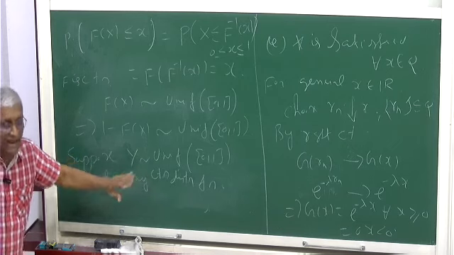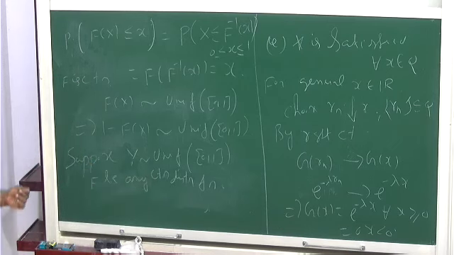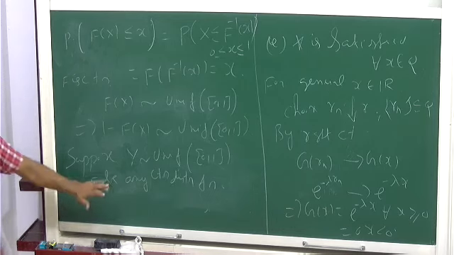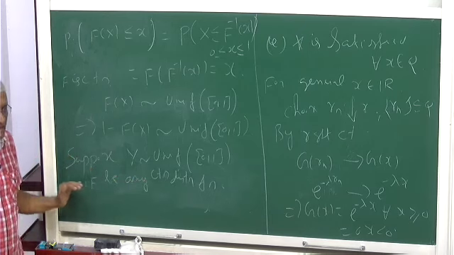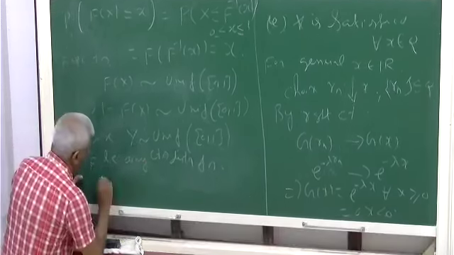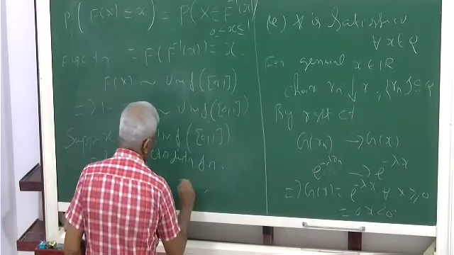This is the only thing to prove: that a random variable exists with a given distribution. You have some F, just some distribution function. Then F inverse of Y follows the distribution F.